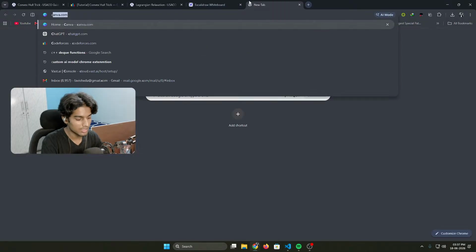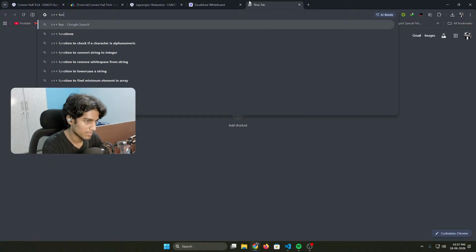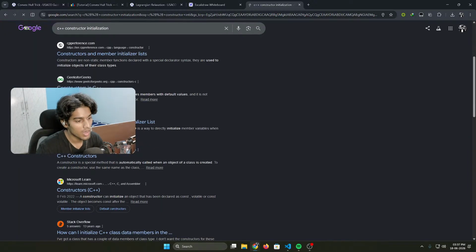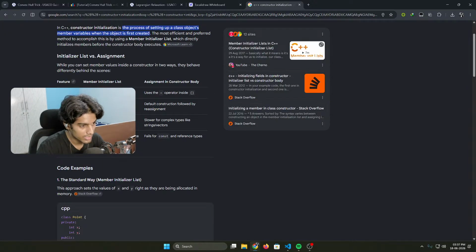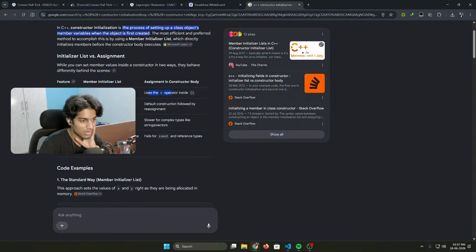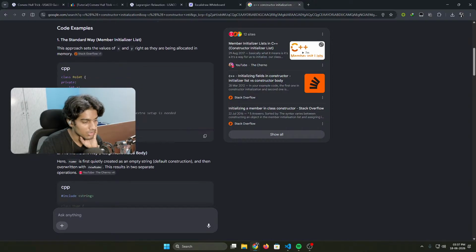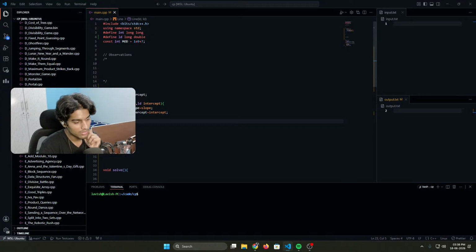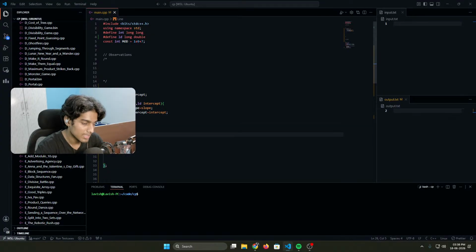And wait, C++ structure initialization. There is an easy way. I can use a colon. Oh, colon. Okay, something like this. So this x is basically a. So we have a slope and an intercept. Do I need anything else?